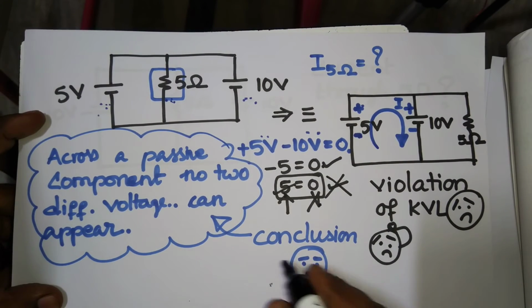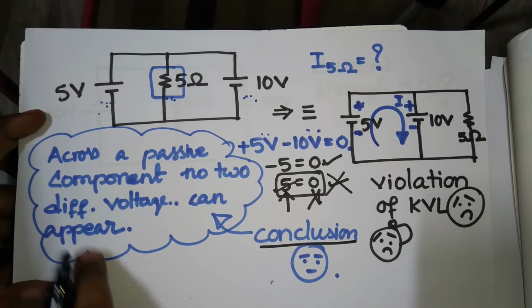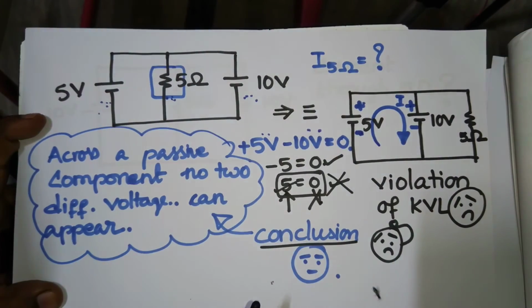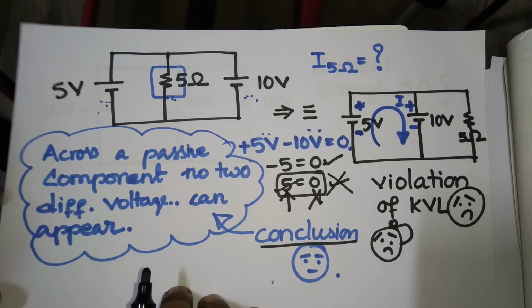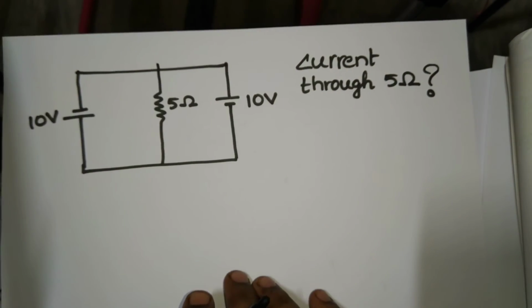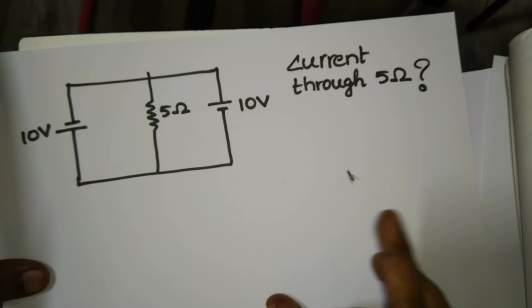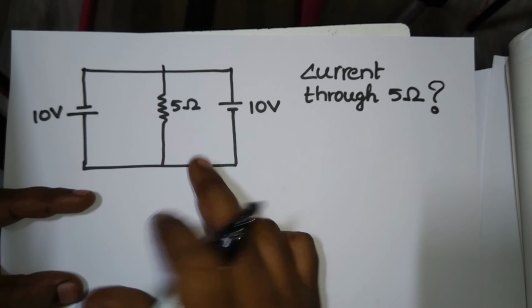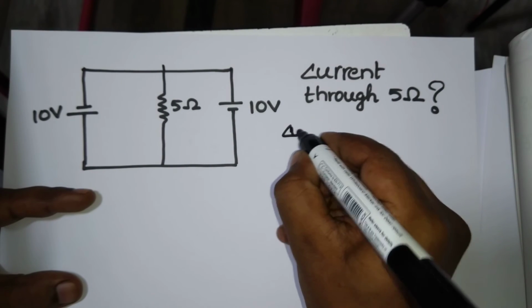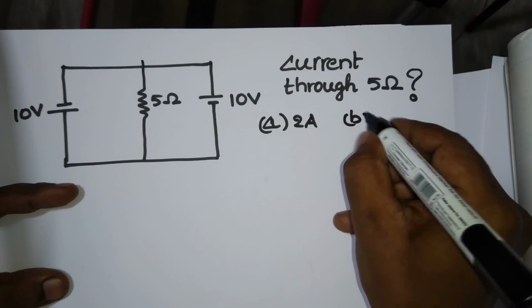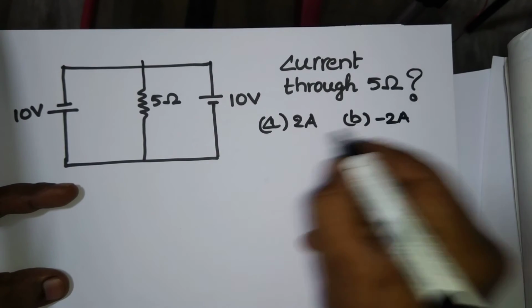So the conclusion we have drawn is this: across a passive component, no two different voltages can act. Now we are so happy. So do you think the current through 5 ohms is 2 amperes? If I give you options, option A is 2 ampere, option B is negative 2 ampere.